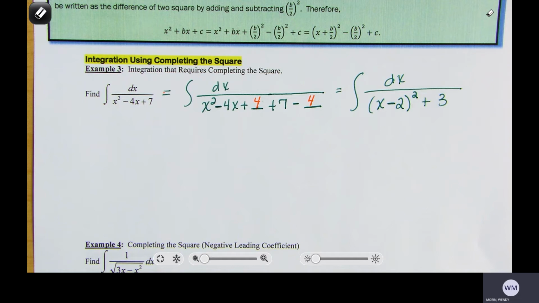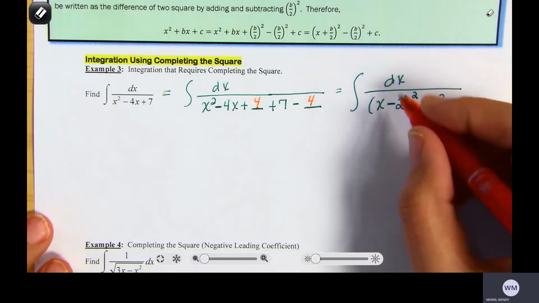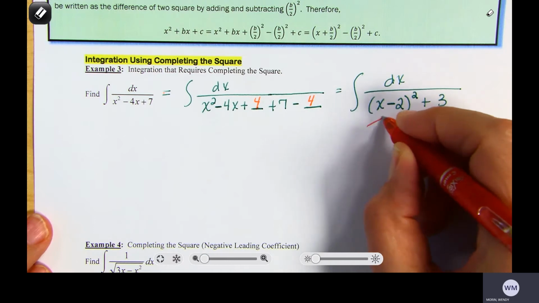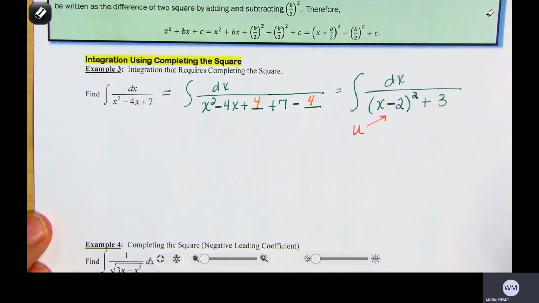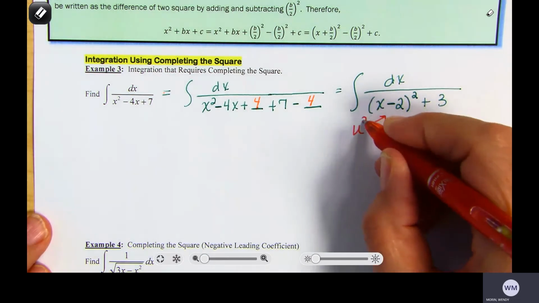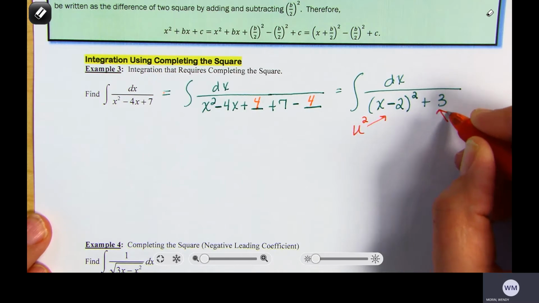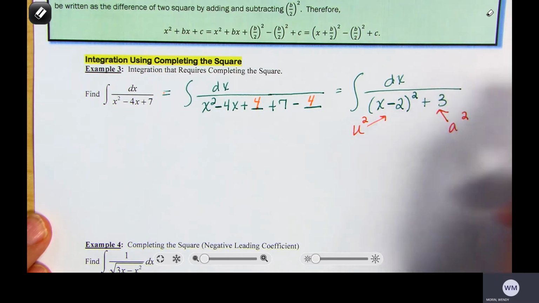So did that help us at all? Does that look familiar, or does that look like a form that we've been talking about? I hope it does. This is u squared, and this is a squared.